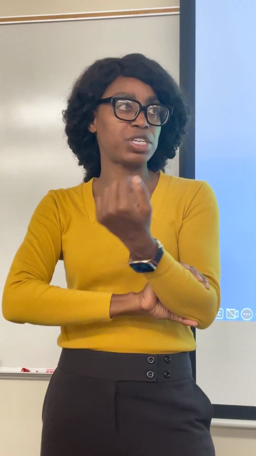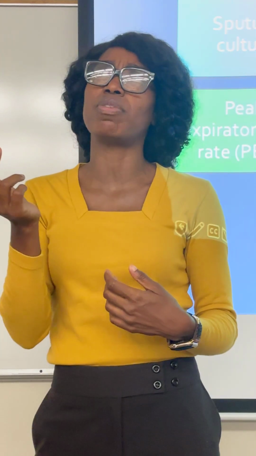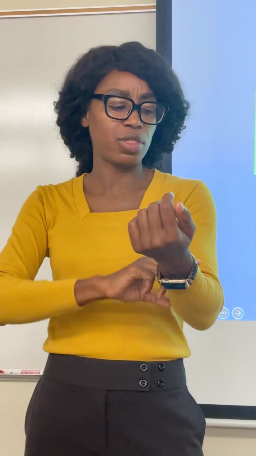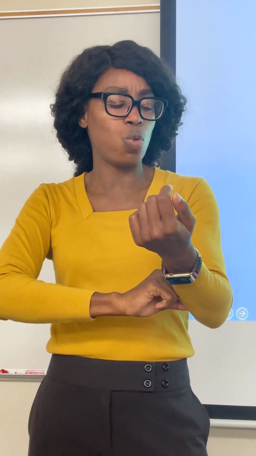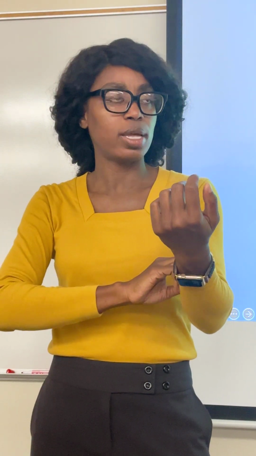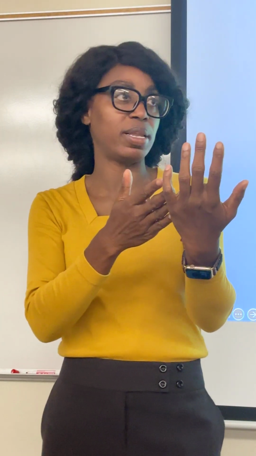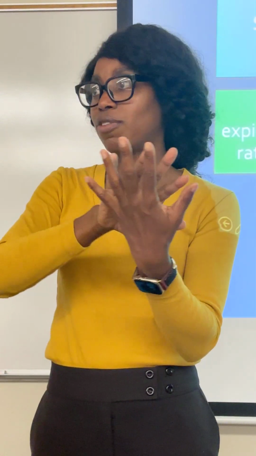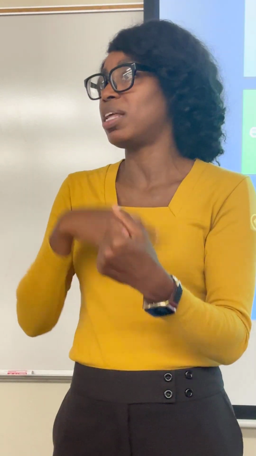They could hold down the artery, and once they let one go, they'll see if the blood flushes to the hand. If the blood flushes, that means that artery works. Then they'll do it again, hold down the other artery, let go, and if your hand flushes with blood, that means it's working. But if it's pale once they let it go, that means that artery is not very good, right? So that's the Allen's test.